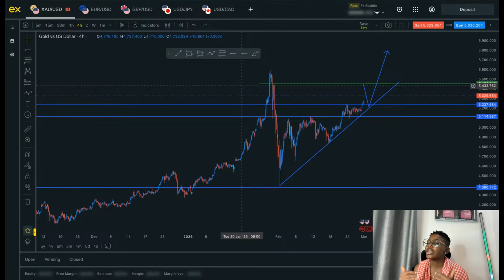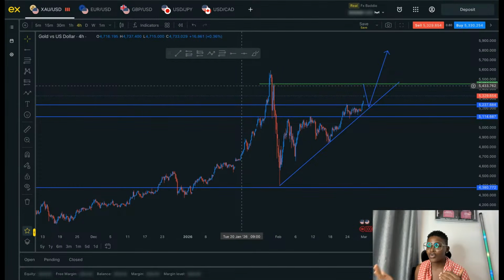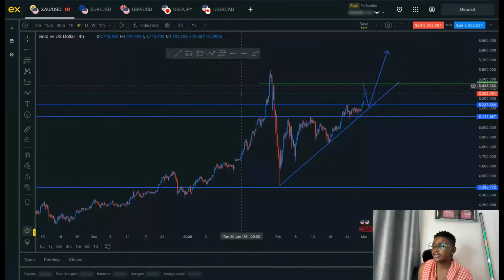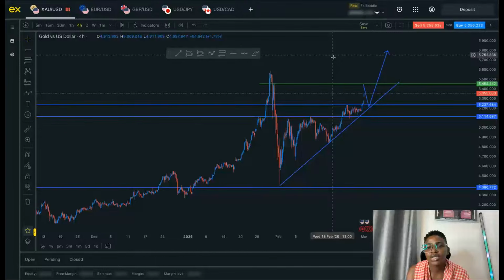People do not buy gold. They buy over the weekend. So this gap shows us the transactions that have happened during the weekend. So the gap signifies transactions that happened while the market was closed. So that's what it means.